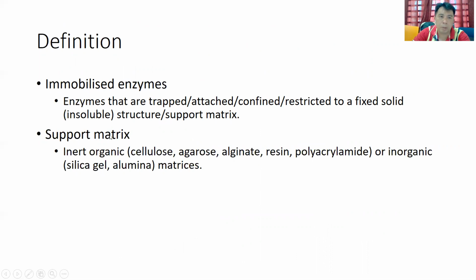For the support matrix, there can be organic support matrices, for example cellulose, agarose, alginate, resin, polyacrylamide, or inorganic matrices, such as silica gel or alumina. Just remember the simple ones: for organic, alginate or cellulose; for inorganic, silica gel.